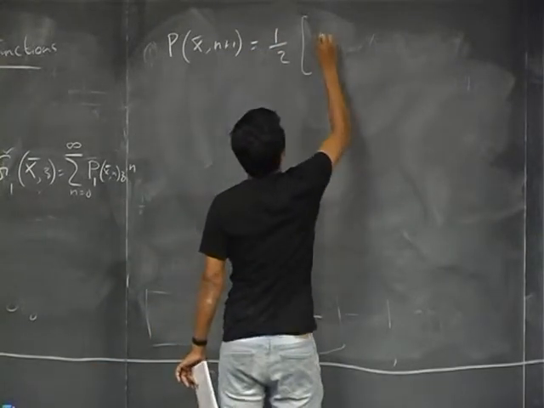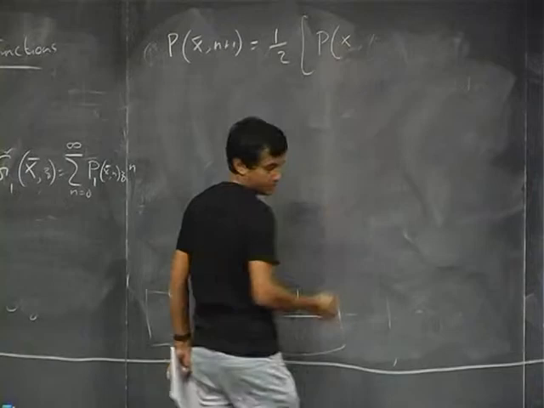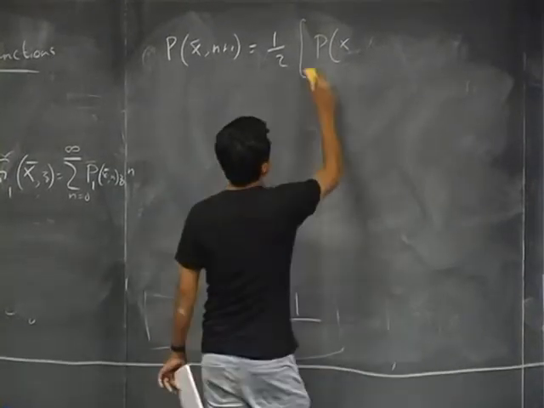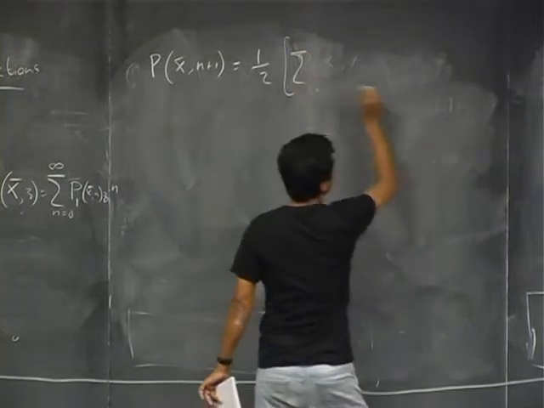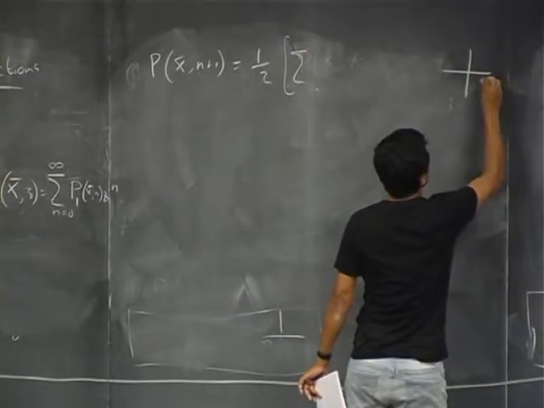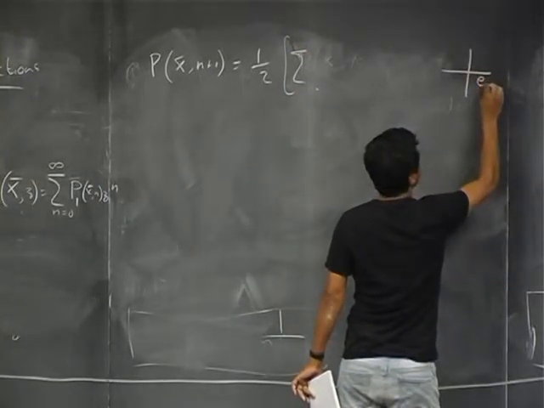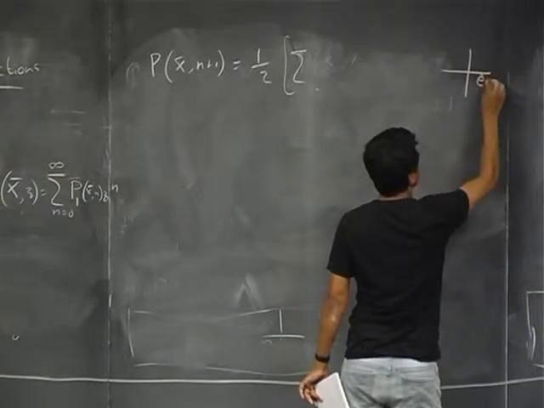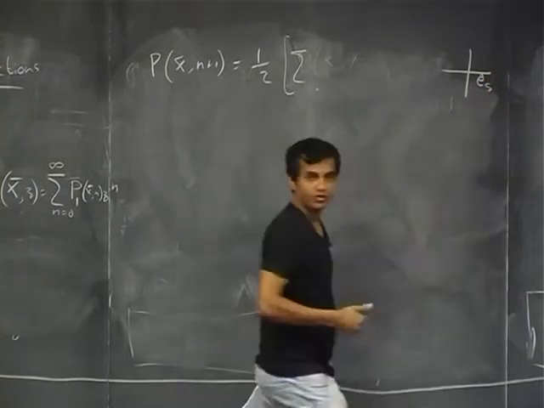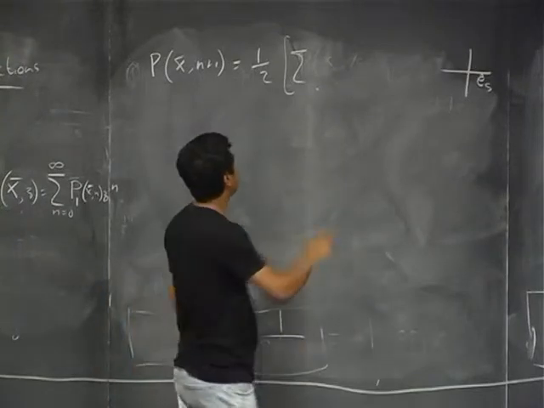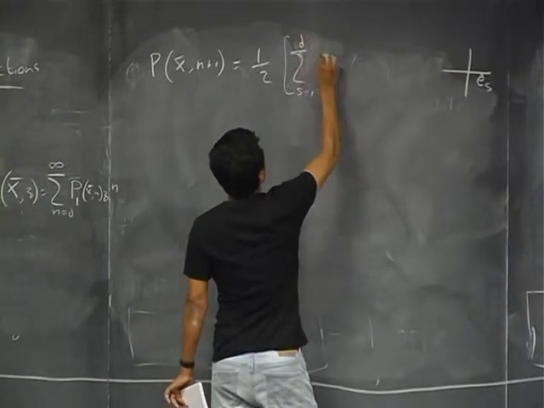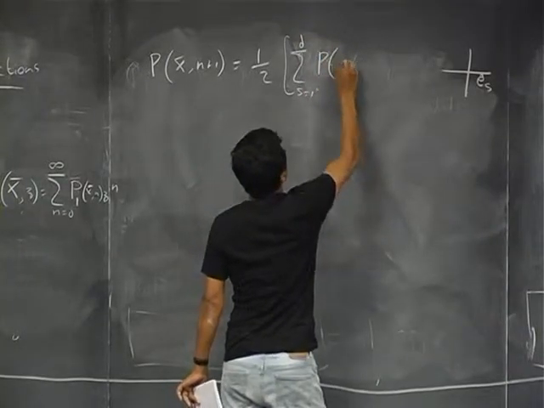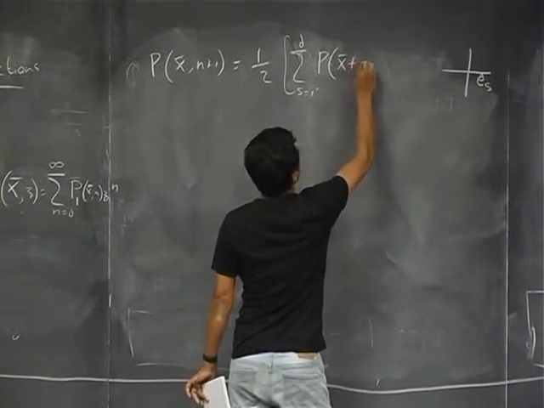Now it's a general d-dimensional lattice, so you have many directions. Let's just call any direction E. There are unit vectors in d dimensions, and I have to sum over all the directions, s equal to 1 to d, of P of x bar plus E.